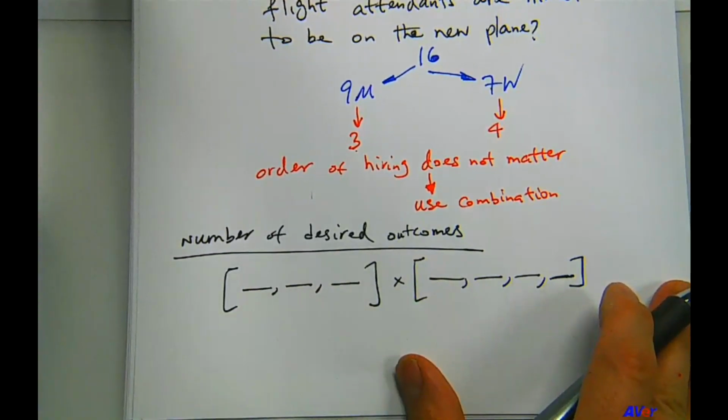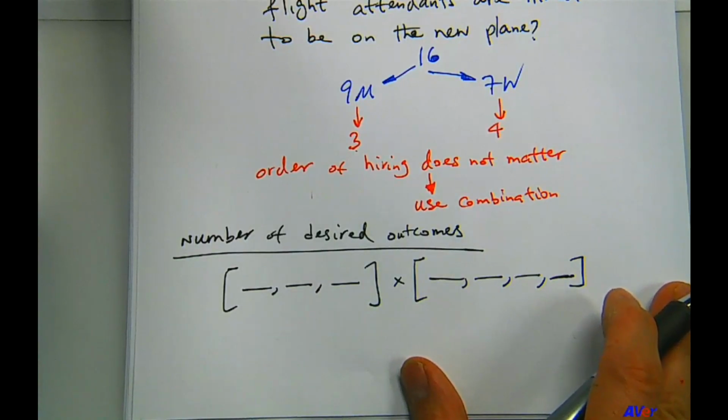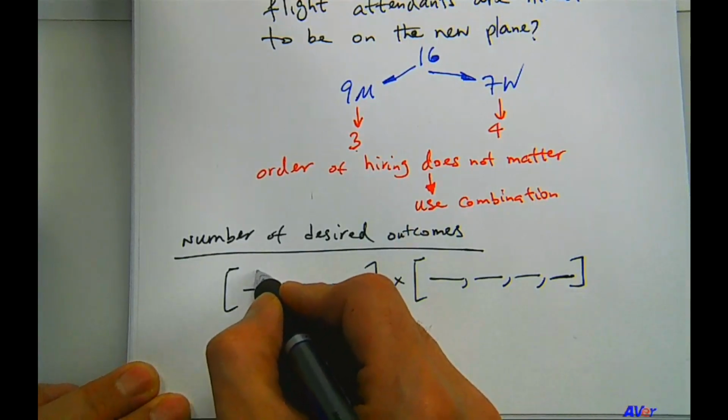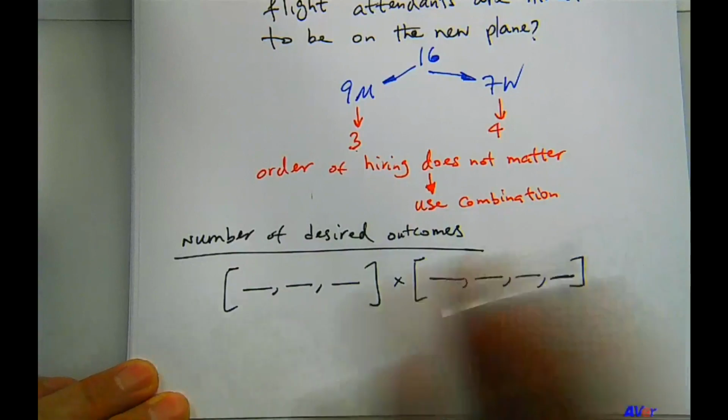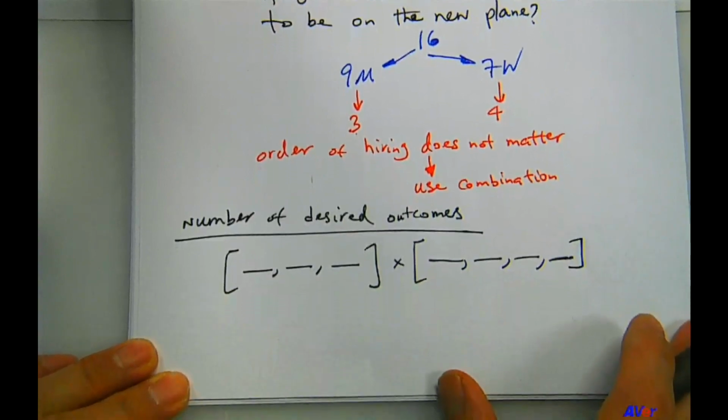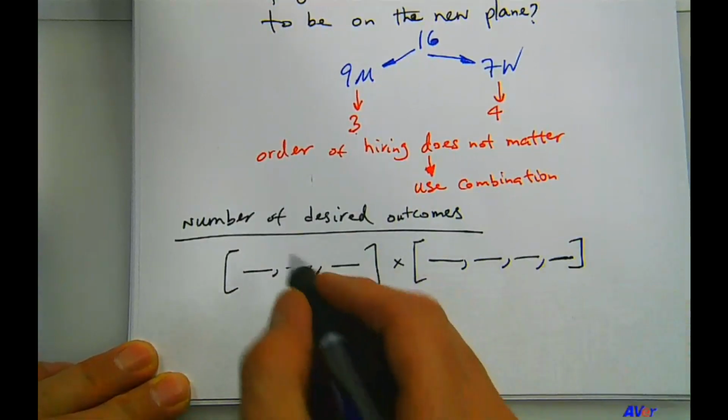So you can pause the video actually. It would be a really good idea to pause the video, finish this problem on your own, and then come back to my solution. I'm assuming you've done that, and now you're back and you want to see what my solution looks like.